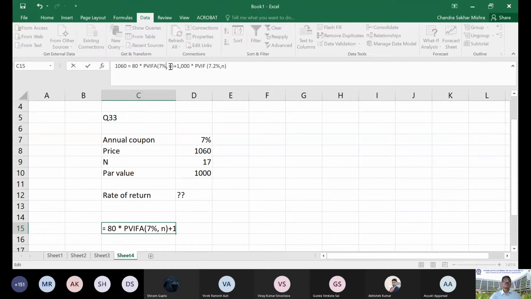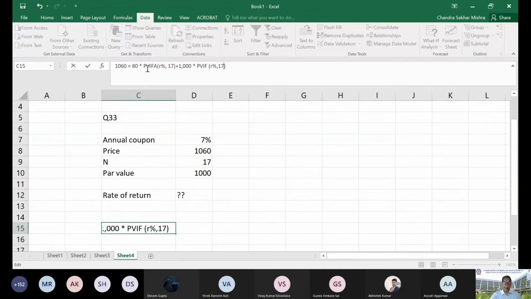Here you do not know the rate of interest. You know the N. What is the N? 17. So R% and 17.